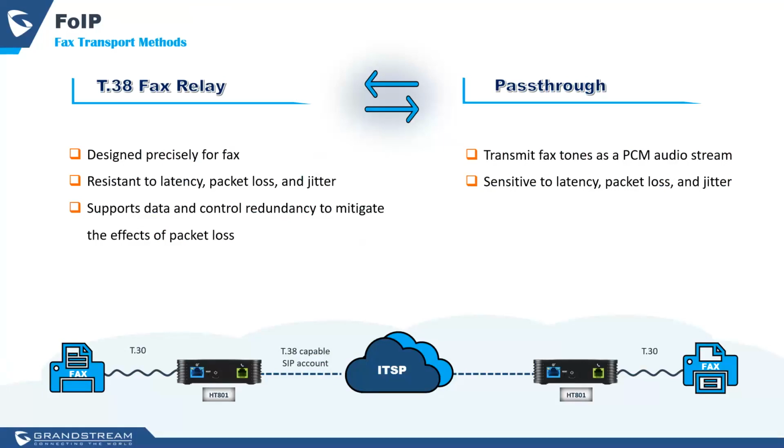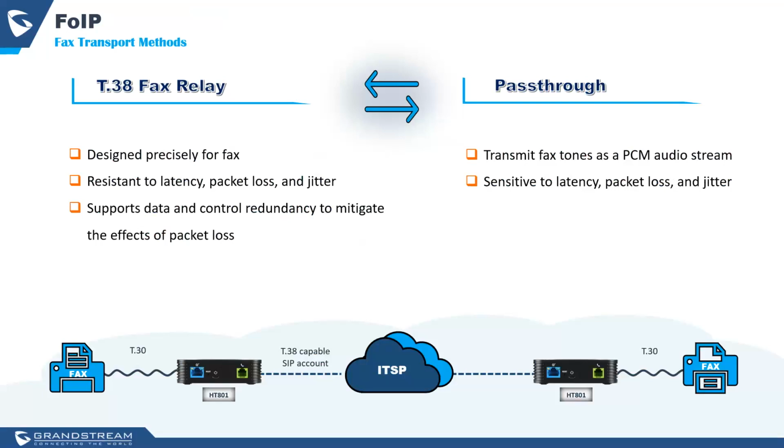And the only disadvantage of T38 that I could think of is latency that is caused by the transcoding overhead. And this can become significant when using multiple transcoding gateways in between.